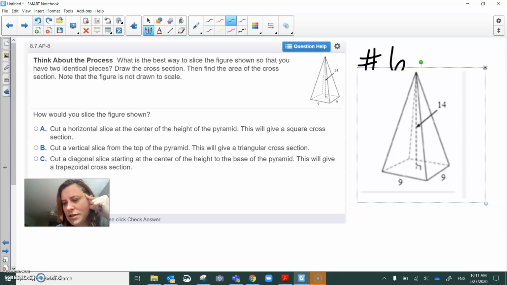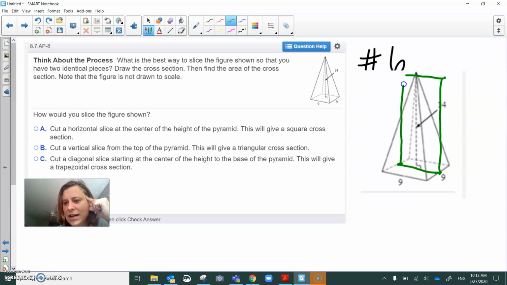So if we were to slice it from here to here and then straight up, if this was the piece of metal that we wedged down this piece of Play-Doh and we sliced it that way, and then we took it apart and looked inside, the slice is going to look like a triangular cross-section, isn't it?